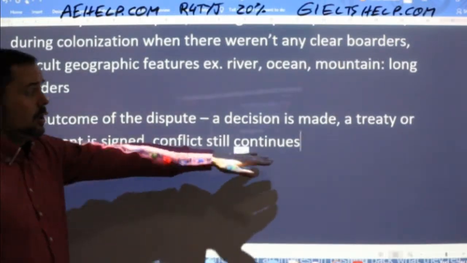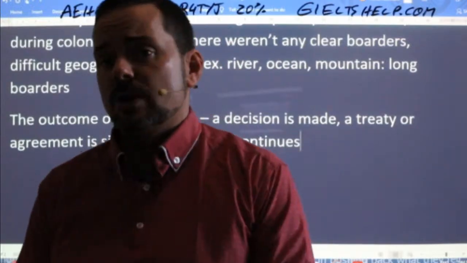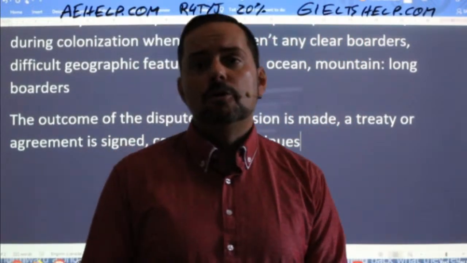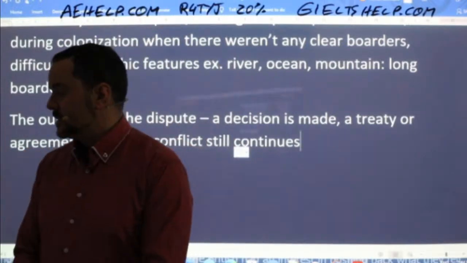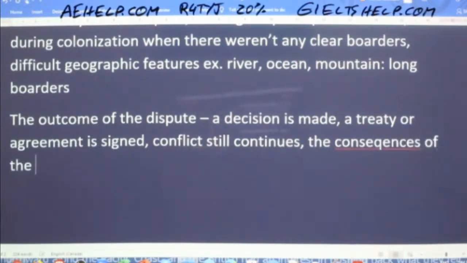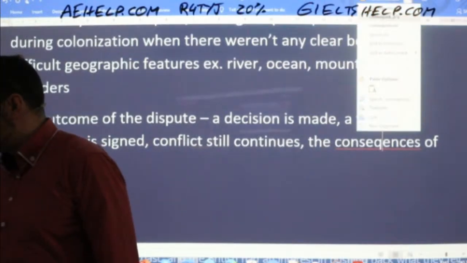Maybe there's still conflict, right? One part of the world that comes to mind for me is the Gaza Strip, where there's constant dispute over ownership, right? PP says the consequences of the dispute. Yeah, absolutely. Okay, so those are the ideas that come to mind.